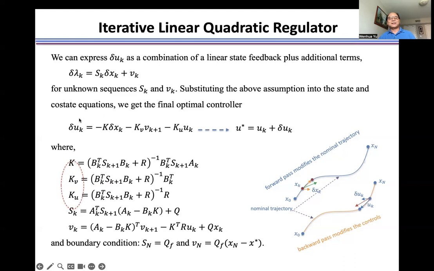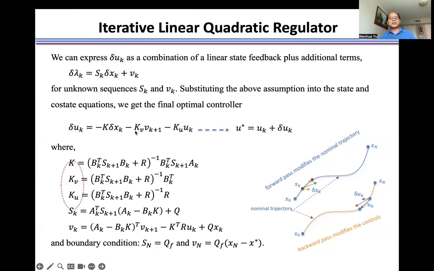And finally, we substitute this into the state and co-state equations. Finally, we get the control modification on the previous control. Here is the optimal control: it's the control we got from the previous iteration plus the modification in this iteration.